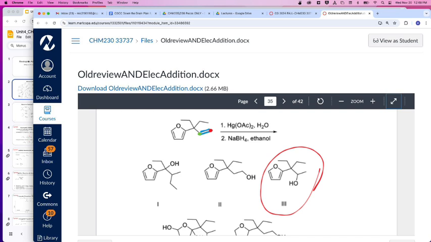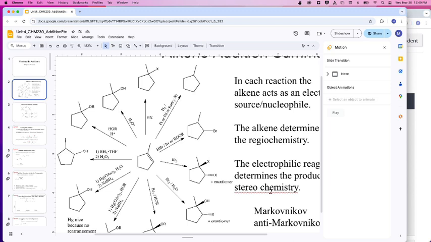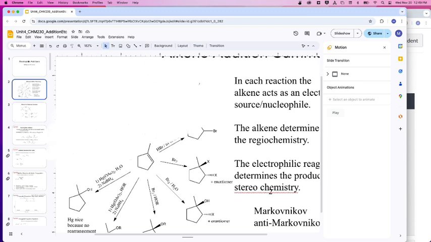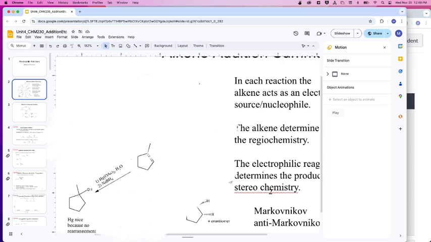If you know it's an addition reaction, going back to this, what you could also try and do to memorize, particularly if it's an addition with hydrogen, is ask where does the hydrogen go? The hydrogen needs to go to the position that has more hydrogens.